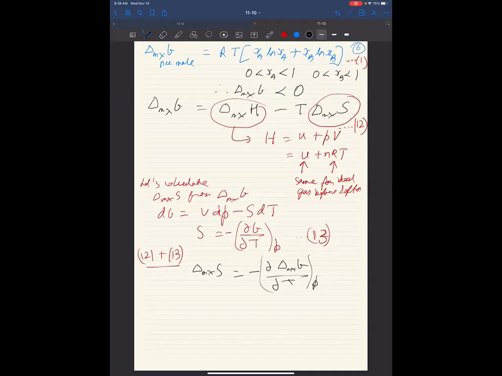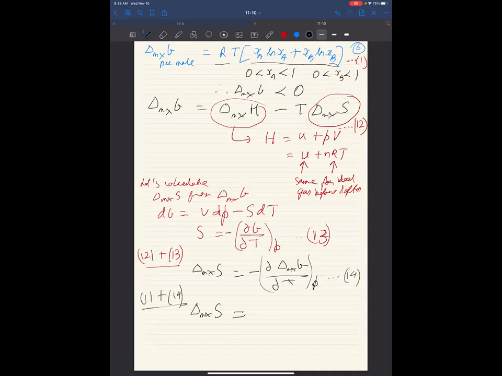So let's do this. We have the expression for delta mixing G. In this equation, is there any pressure? There is no pressure. So getting the partial derivative of this equation with respect to temperature is very easy. Let's call this equation 14. So if we combine 1 and 14, what do we get about delta mixing S? Anyone who has not been very talkative today?